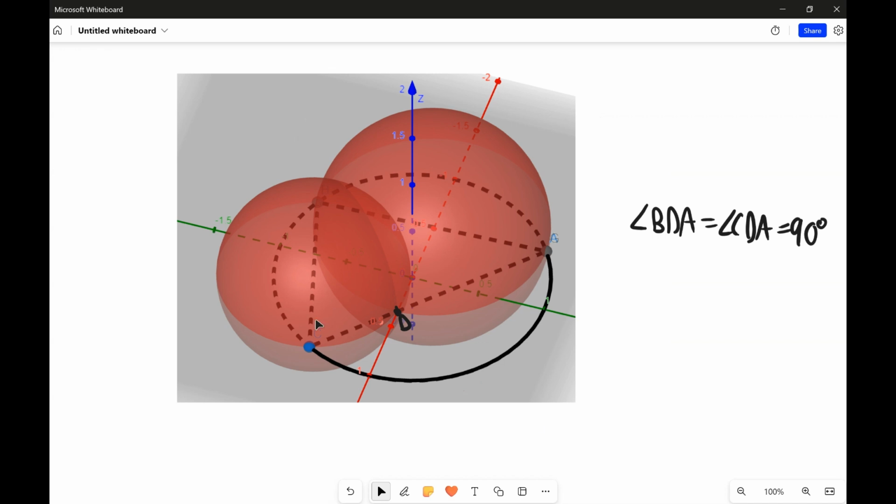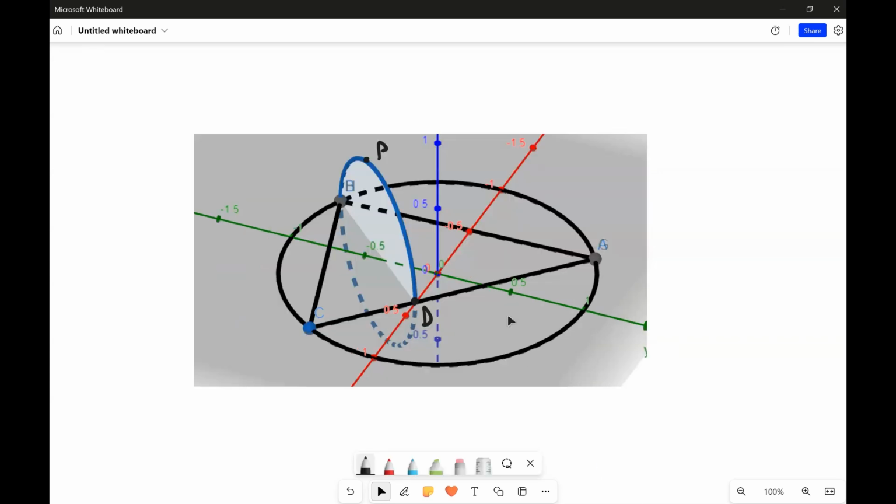Moreover, the spheres are symmetric about the xy plane, which means that the intersection is just a circle with diameter BD, but it's perpendicular to the xy plane. Now we draw the circle with diameter BD perpendicular to the xy plane. And we know that P lies somewhere on this circle here.